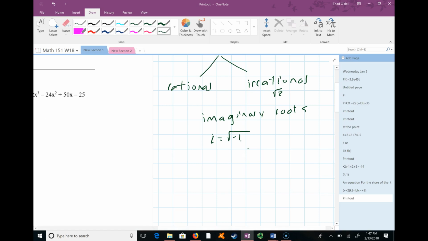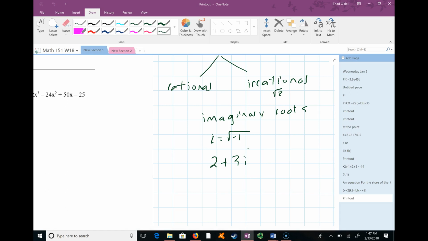If you have to take the square root of a negative number, it's not a part of the domain, because the domain is just over the real number realm. But now we can talk about numbers that have negative square roots in them, because we've labeled this thing i. So for example, a number like 2 plus 3i is a number. It's called an imaginary number, but nonetheless a number. So you can have roots of a polynomial that are imaginary.